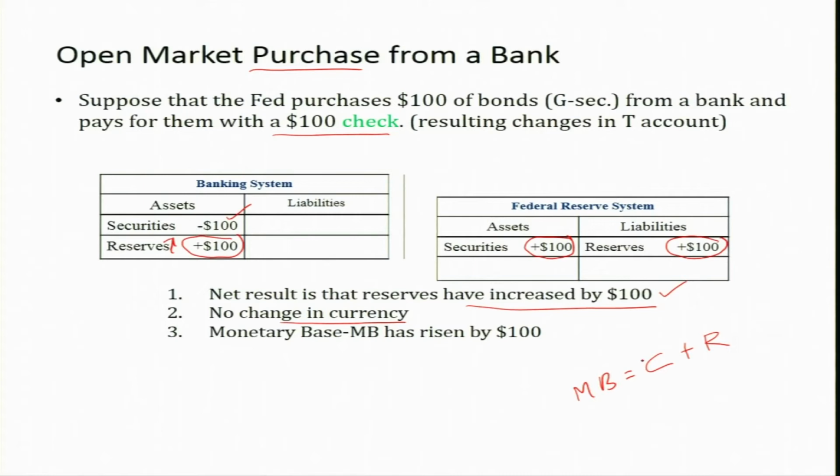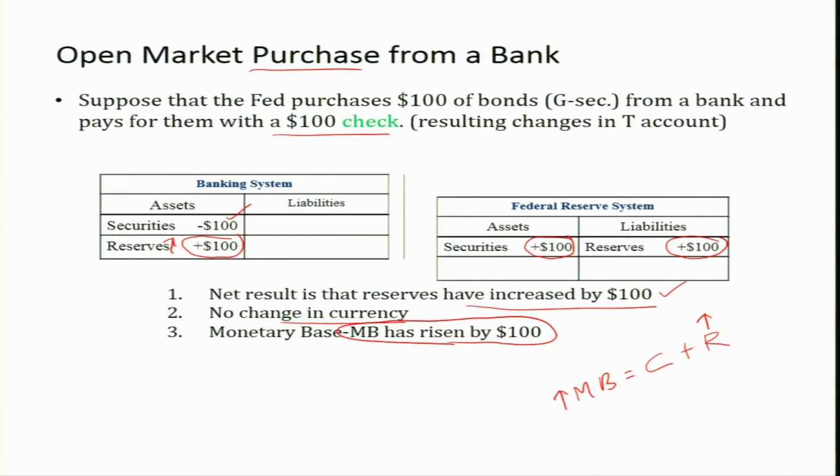There is no change in currency in circulation, but the reserves have increased. So as a result of this open market purchase, the monetary base has risen by $100.